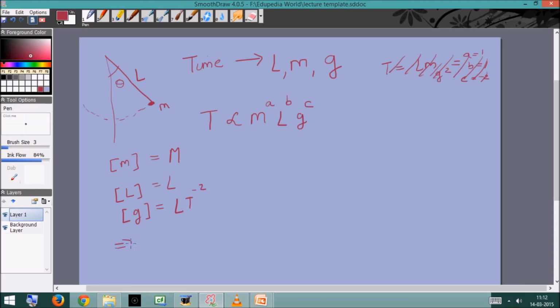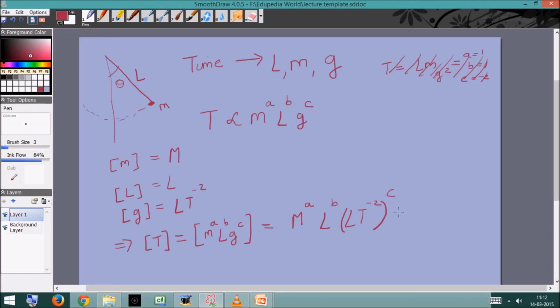What this means is that the dimension of T is the same as the dimension of m to the power a, L to the power b, g to the power c, which means it is capital M to the power a, that is the dimension of m to the power of a, capital L to the power of b, and LT minus 2 whole to the power of c.